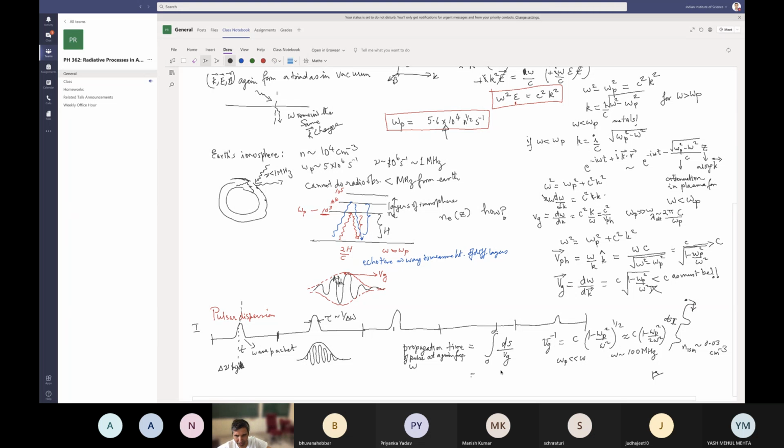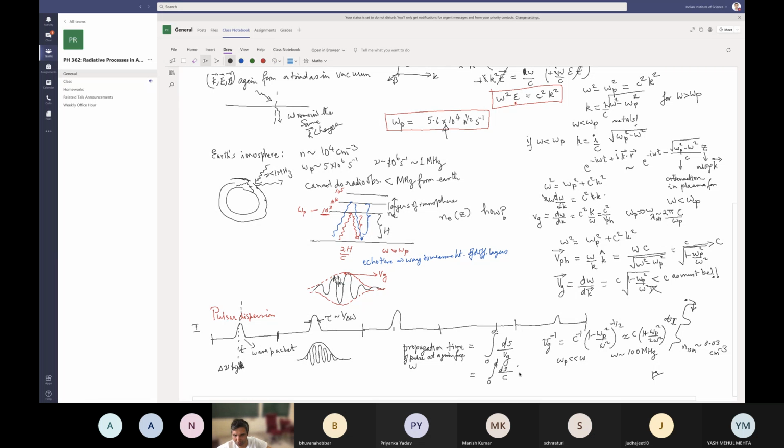So the propagation time is equal to the integral from 0 to d of ds by c, and this is the inverse, so the minus becomes plus, because I had 1 by Vg, so this is c inverse times (1 minus ...) to the power of minus a half.